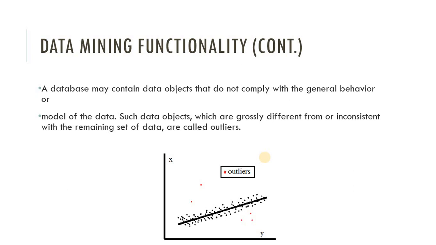We can identify those non-genuine people by using outlier analysis of data mining. So that is very useful for these kinds of applications. This is all about outlier detection or outlier analysis.